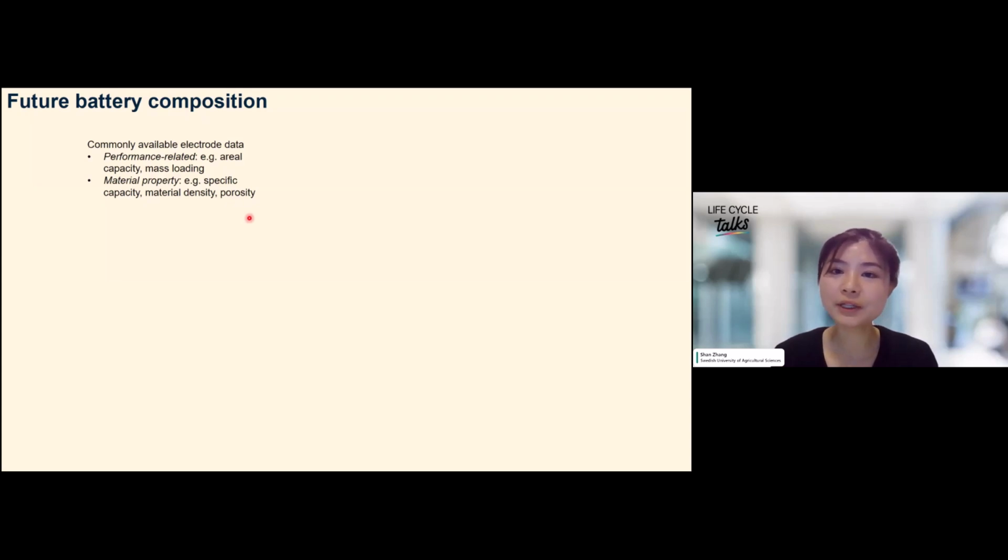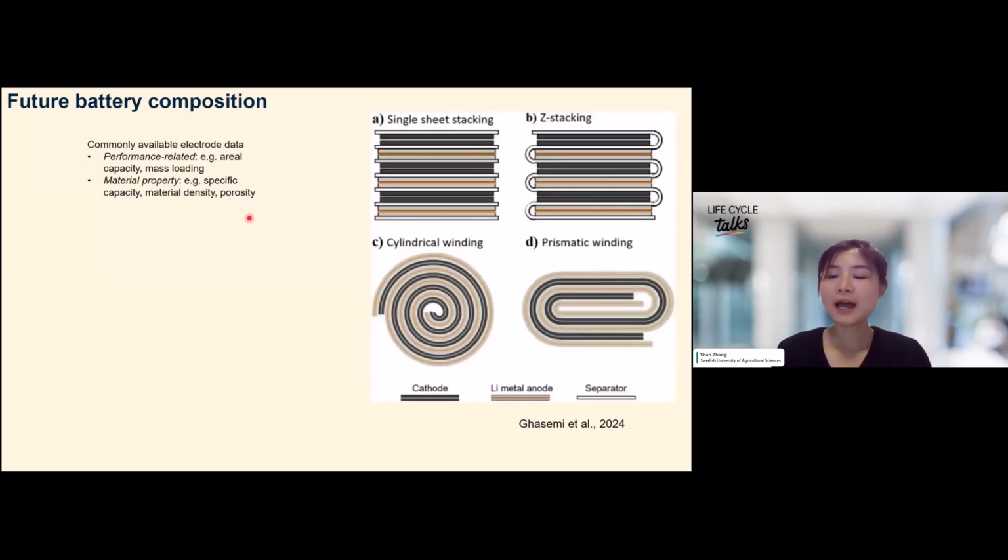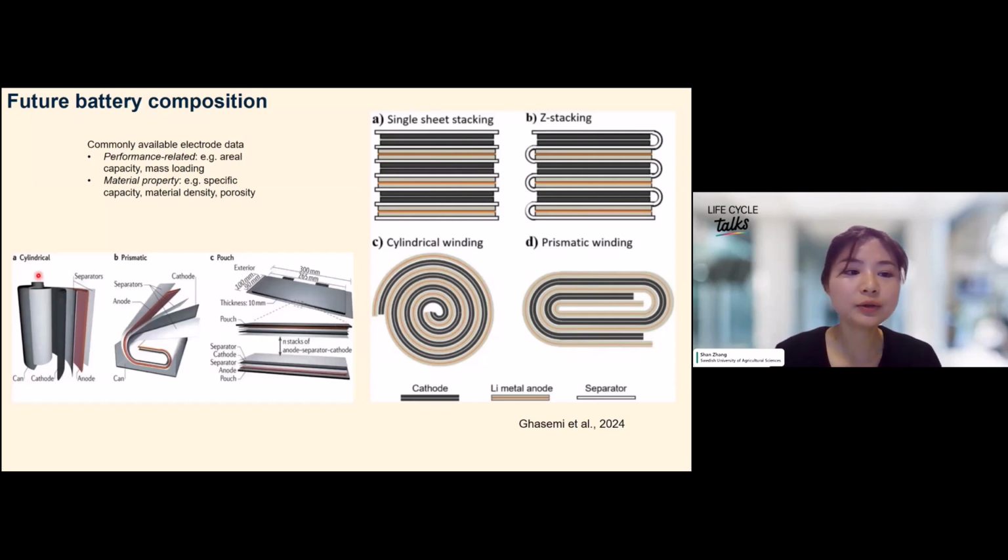And to do that, we need to understand how a battery is manufactured. In short, anode and cathode paste are coated on current collectors, and then the battery cell is assembled by winding or stacking anode layer, separator, and cathode layer into shapes like cylindrical, prismatic, or pouch cell.